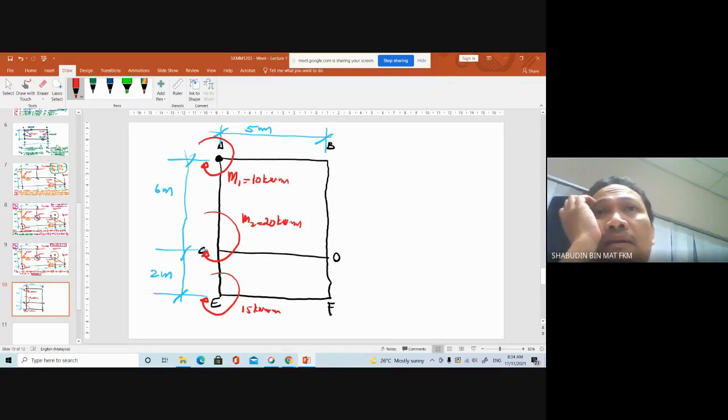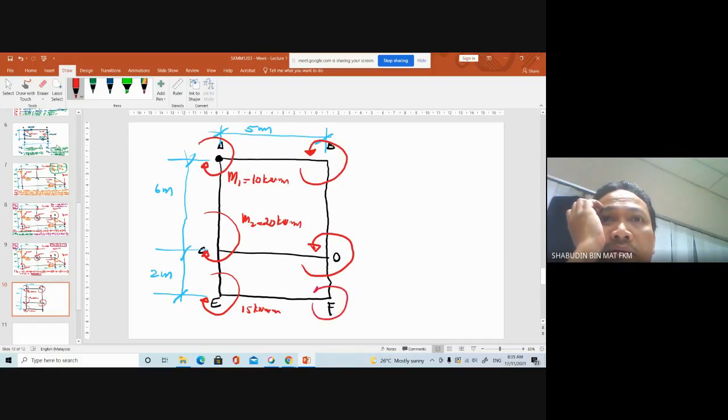And then I apply a clockwise moment at point B, C, D, E, F. Okay. So M1, M2, this is M3. M4, okay, that equivalent to say 14 kilo Newton meter, is equal to 45 kilo Newton meter, and here is 10 kilo Newton meter. Okay.